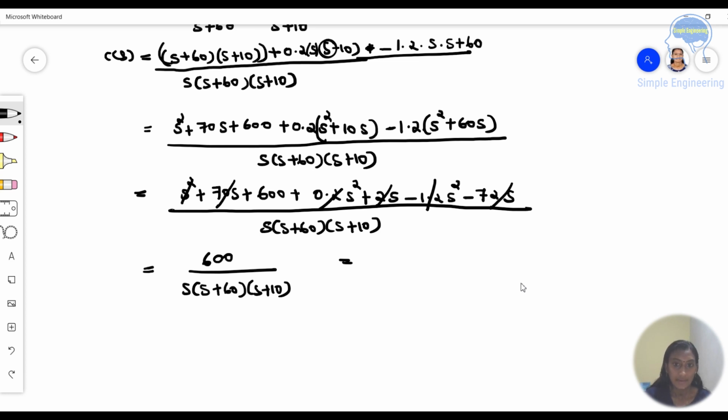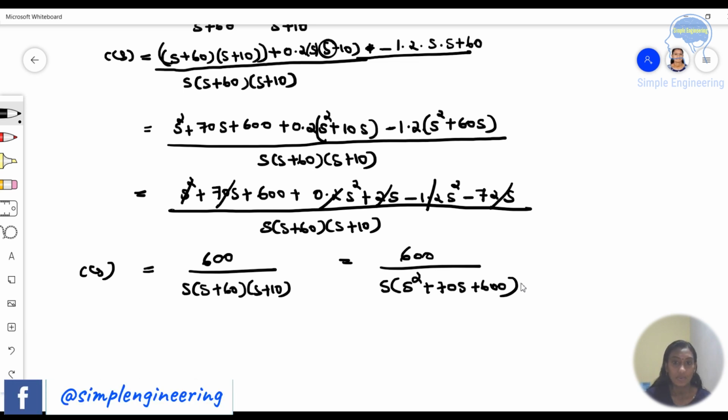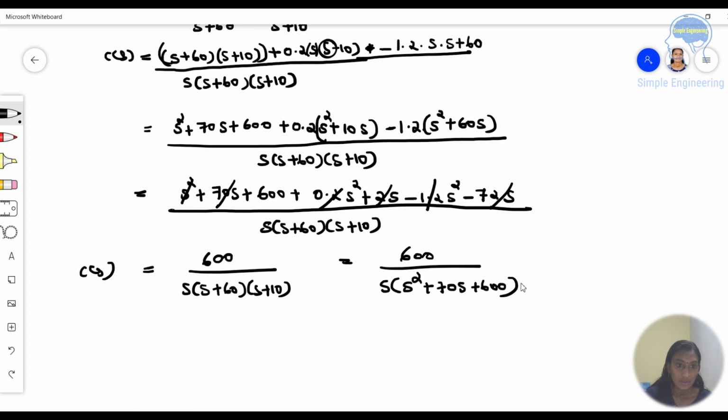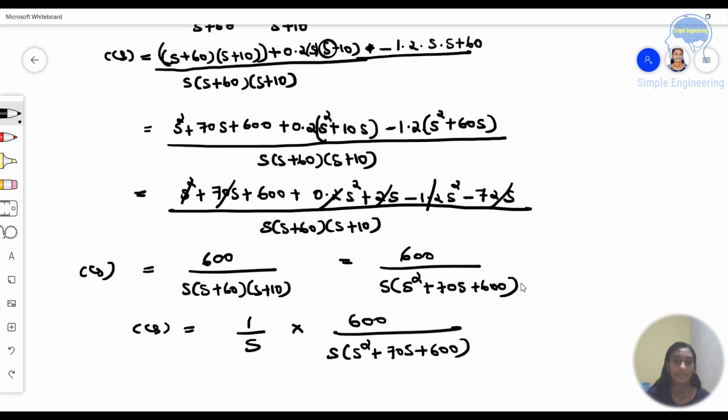This we can write as 600 by s into, if you multiply, s square plus 70s plus 600. So your C of s will be equal to 600 by s into s square plus 70s plus 600. So you can write it as C of s is equal to 1 by s into 600 by s square plus 70s plus 600.